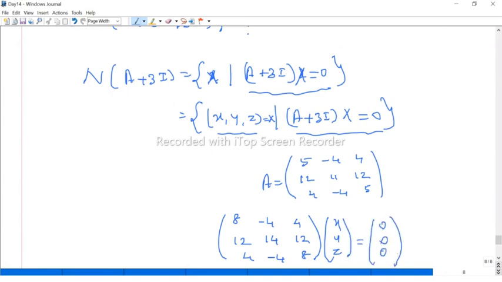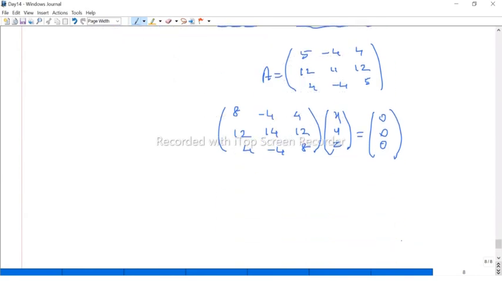Now we have to find the solution. It is very difficult to find the solution directly, therefore we have to reduce this into row reduced echelon form. Anyway, we can interchange the third row and the first row. So I change the rows: 4, minus 4, 8; 12, 14, 12; 4 minus 8.